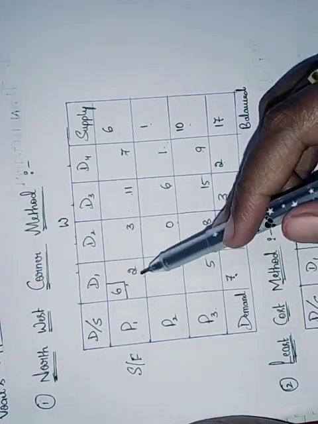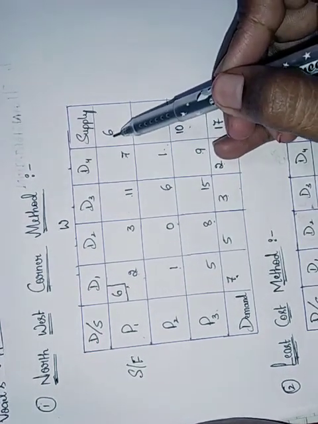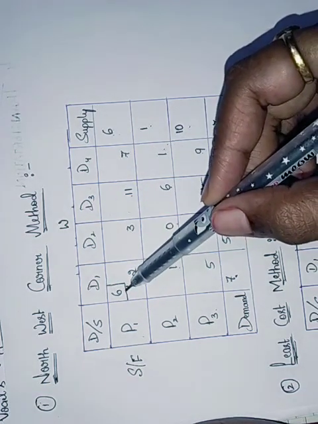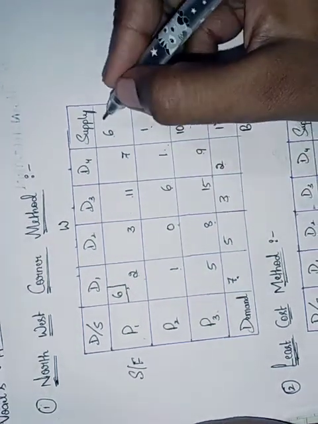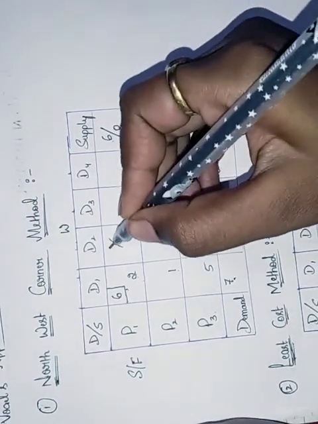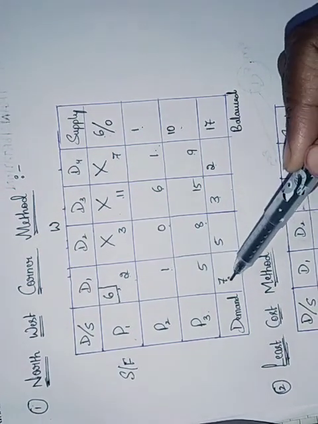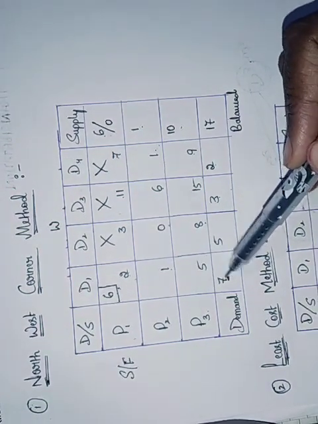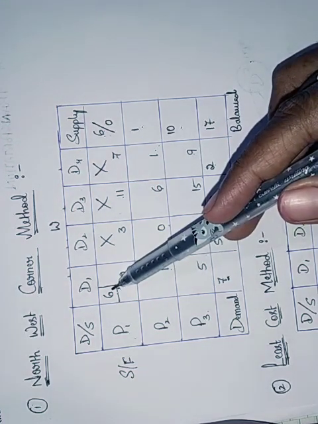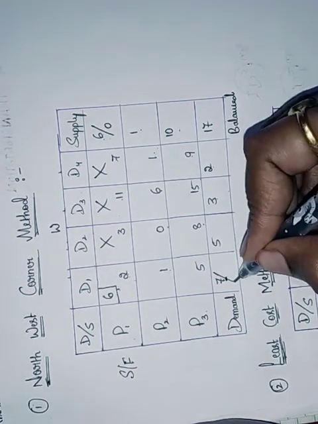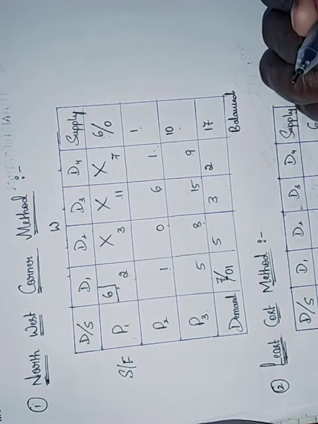I have allocated 6 units to the first cell, and among the 6 units I have allocated 6 units. So how many units will be remaining? 0 units. So I cannot allocate to the remaining cells. In the same way, the demand was 7 units and I have allocated 6 units. So how many units will be remaining? 1 unit.